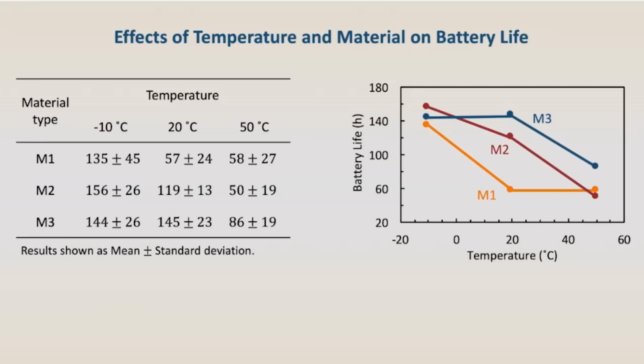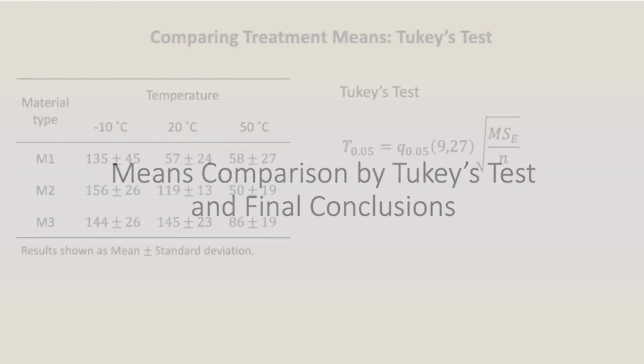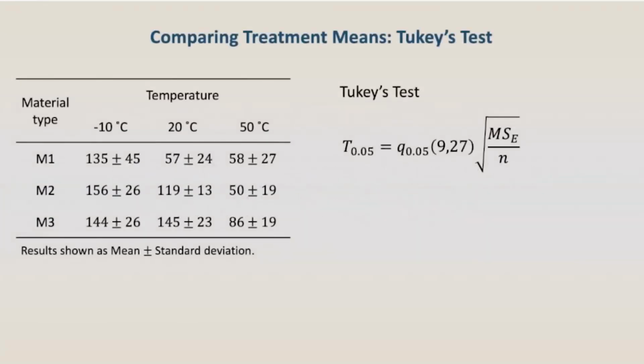In the graph, it is easy to visualize that the battery life decreases with temperature for all materials, but the behavior is different for material 1 compared to materials 2 and 3. After the analysis of variance, the next step is to compare the treatment means using Tukey's test. The table already shows the final result as mean and standard deviation of the battery life for each treatment.